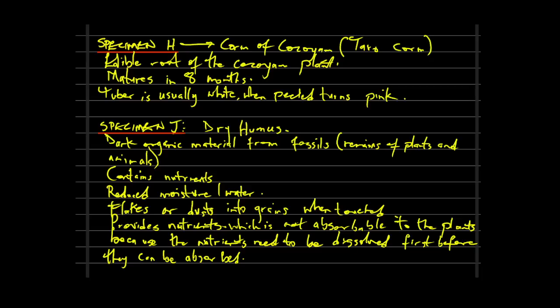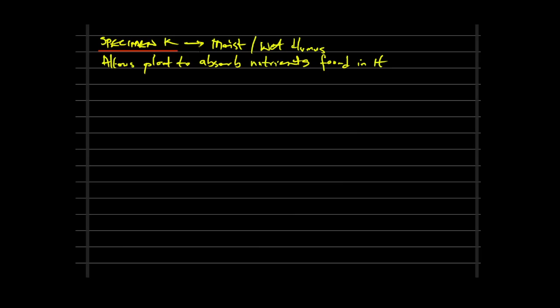Also, let me quickly add that it has no living organism. There are no microbes, absence of microbes in this particular part. So these are the major differences between specimen J, which is the dry humus, and specimen K, which is the moist humus.